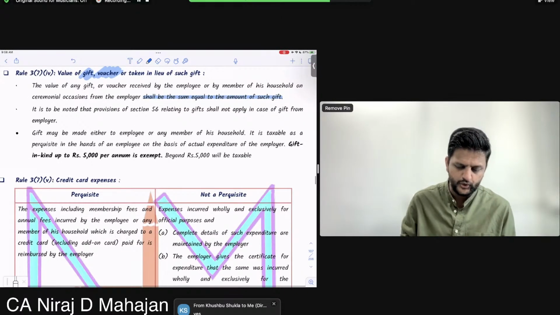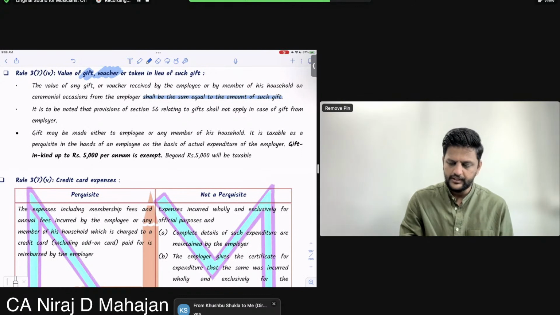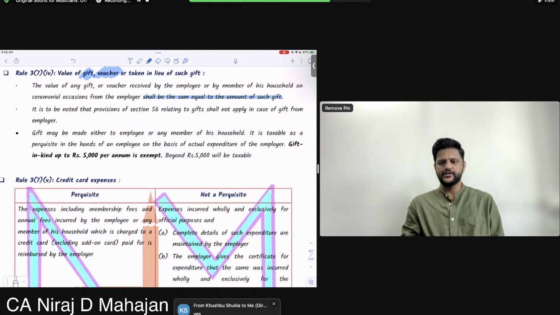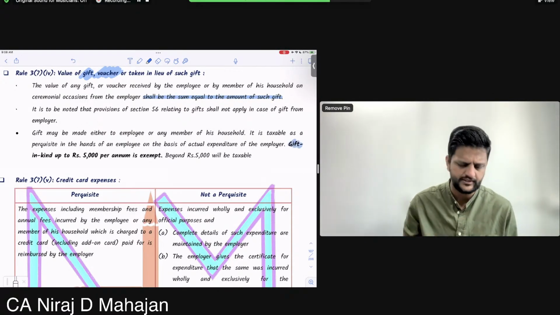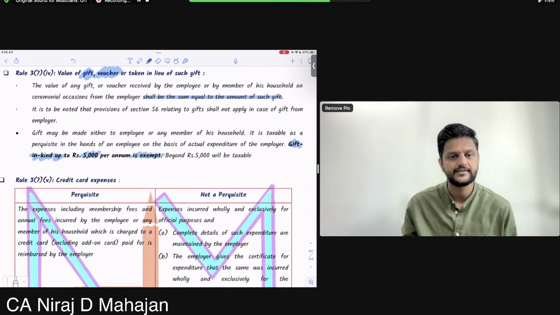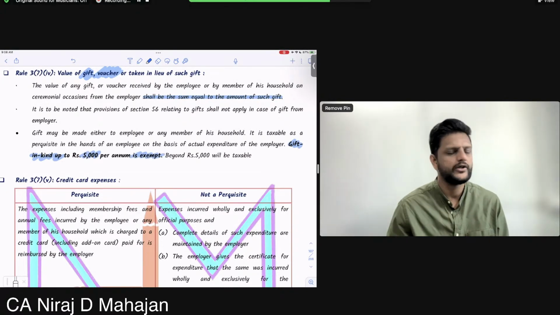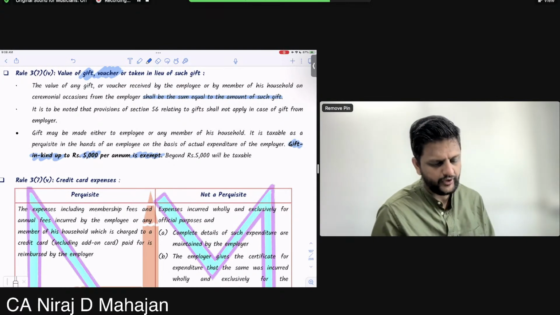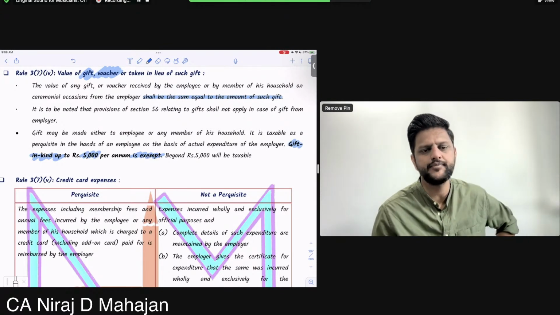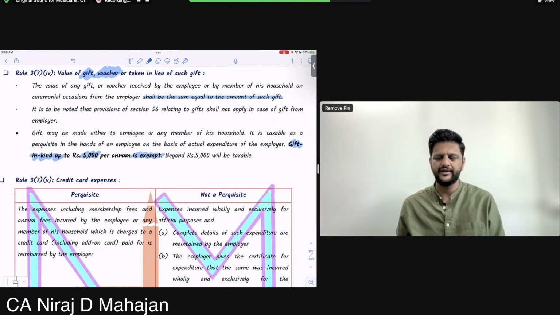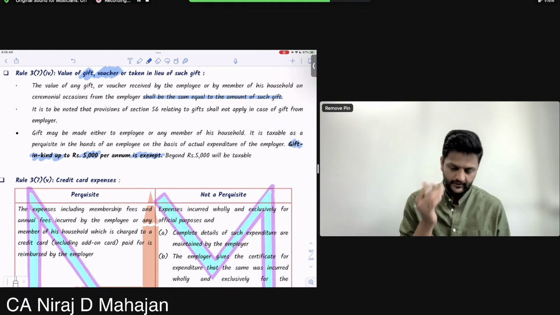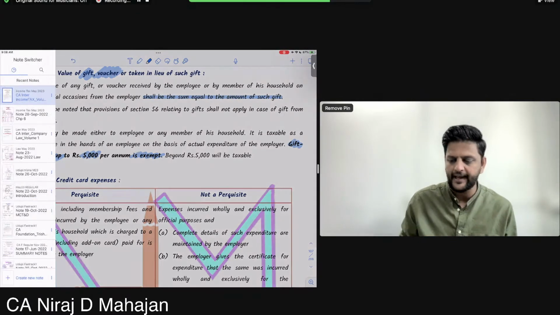Gift may be made either to the employee or any member of the household. It is taxable in the hands of the employee on the basis of actual expenditure of the employer, whatever is actually spent. But gift in kind, meaning voucher, etc., up to rupees 5,000 per annum is exempt. Not a big amount of exemption. So when a gift voucher of 6,000 is received, how much will be taxed?